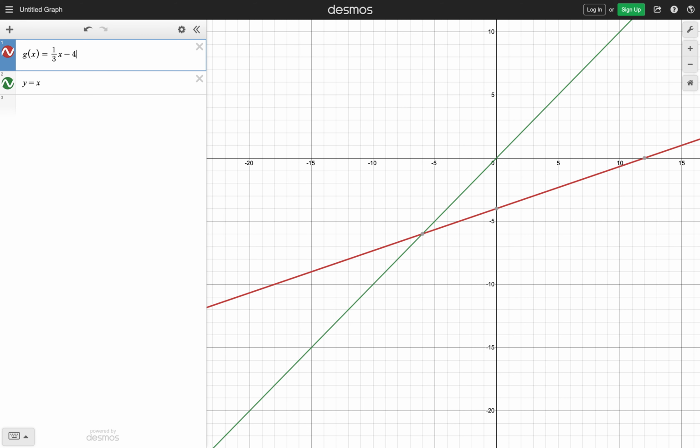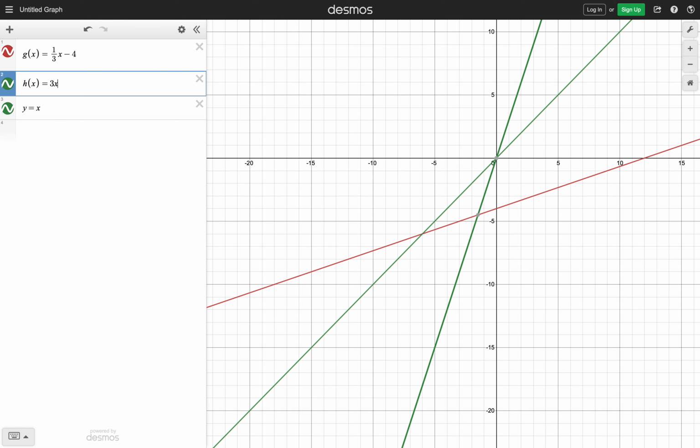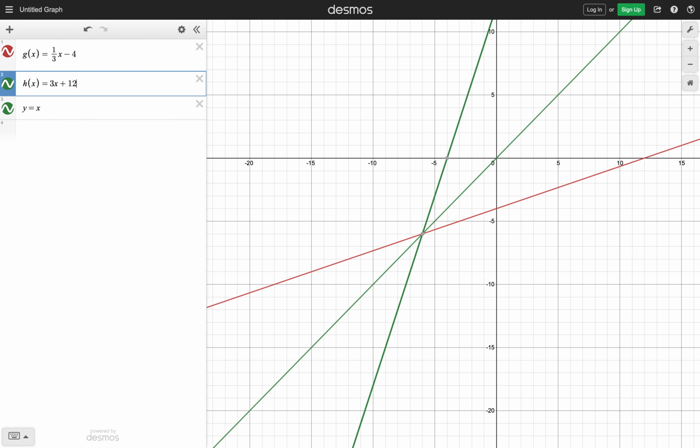So 1/3 of x minus 4. Again, the inverse, we'll just call this h of x. So yeah, 3x plus 12.